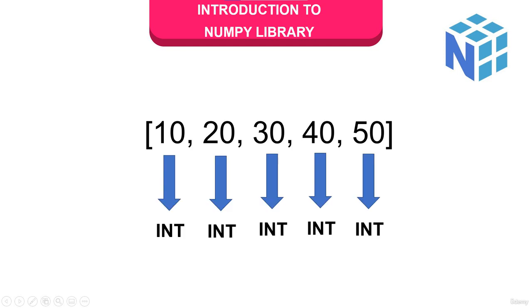So you see, even if each value here is the same, even if it's all integer, it's still going to have to grab this information and pull it into the list memory. You see, so that's why it's a bit more costly than using NumPy.